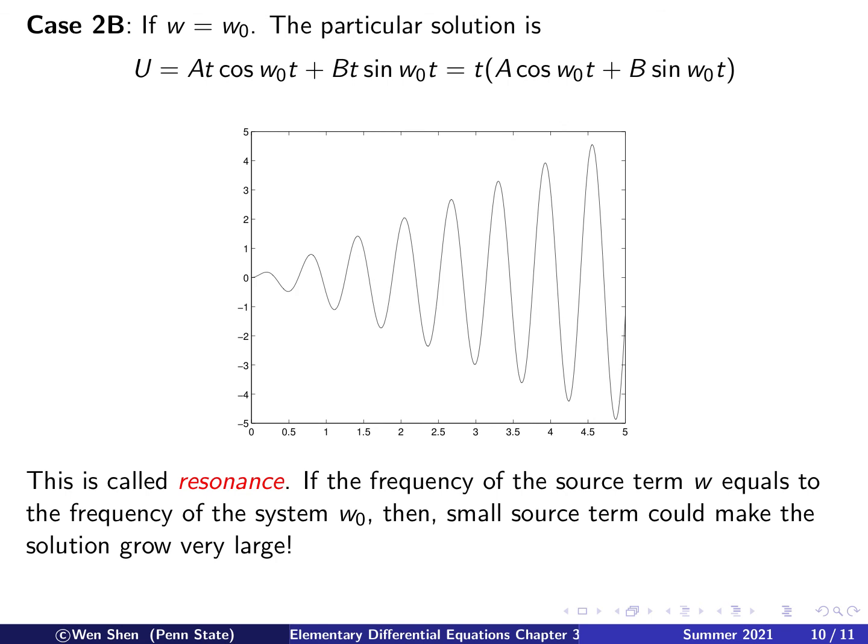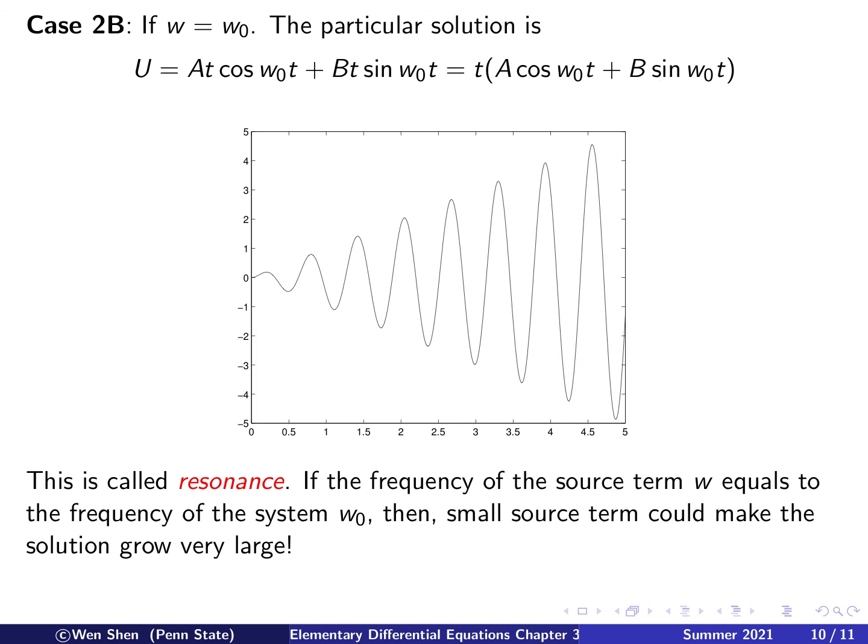Typically the oscillation, if initially 0, will look like this. You can see that there is a line t and a negative t, like the envelope, and your oscillation is in between. It has the same frequency as the system frequency, but the amplitude grows bigger and bigger.